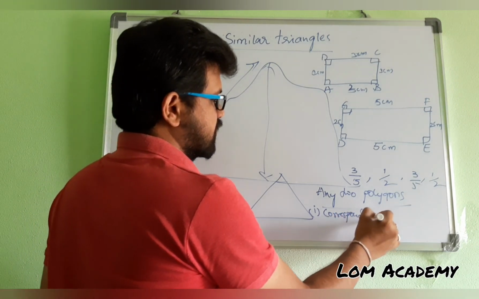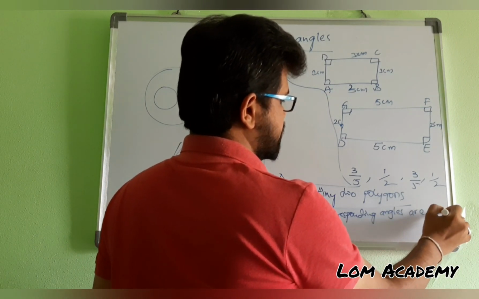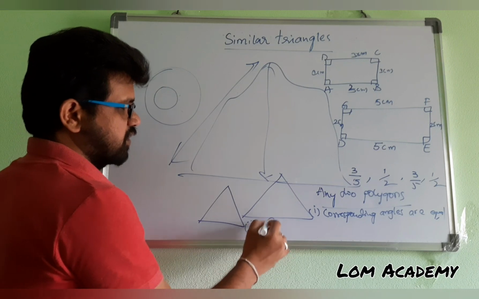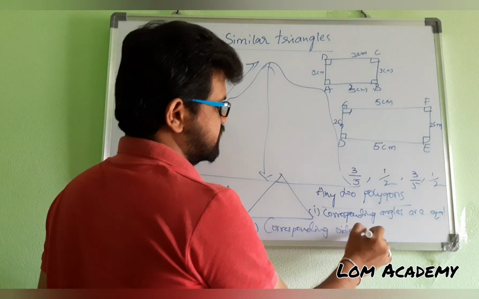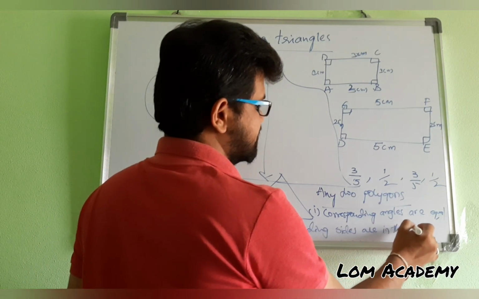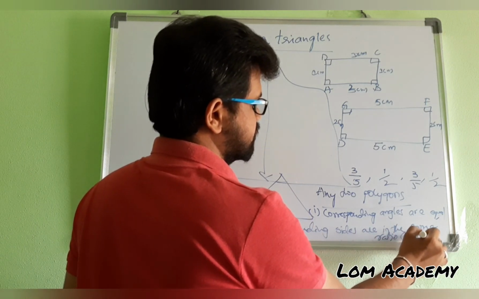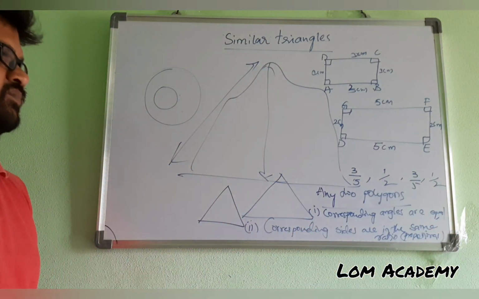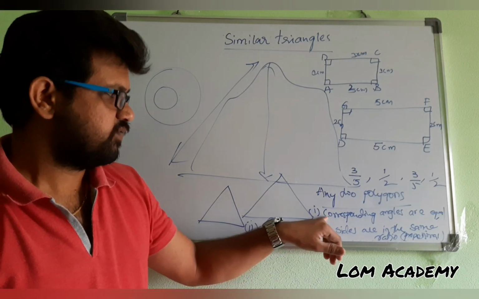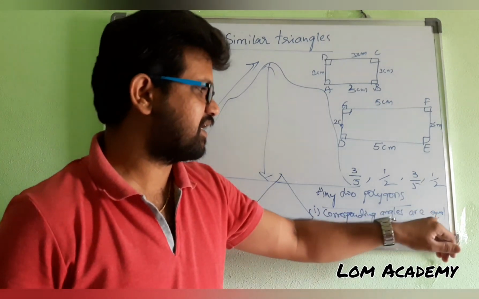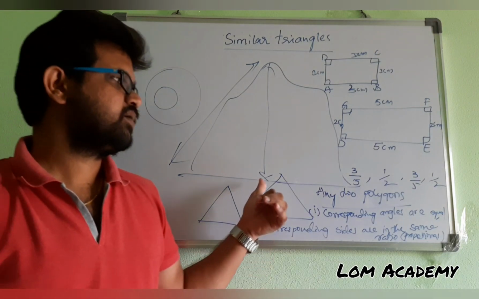And the second condition is corresponding sides are in the same ratio, or we can say proportional. So for any two polygons, if they are similar, they have to follow these two conditions. Corresponding angles are equal, corresponding sides are in the same ratio. Okay, so note this down.